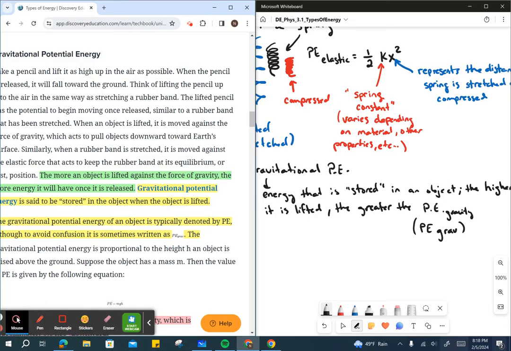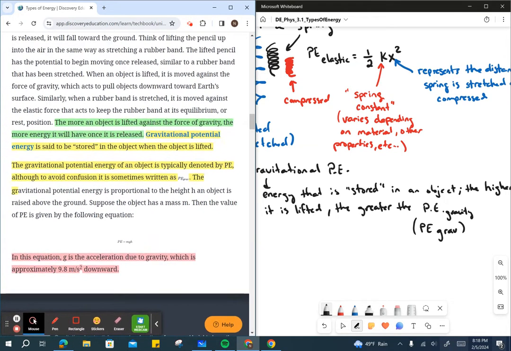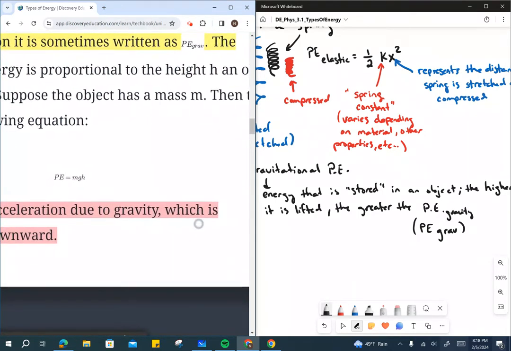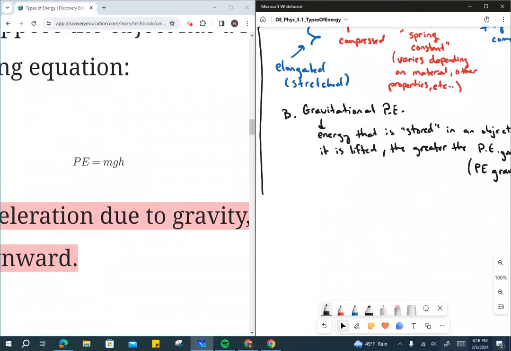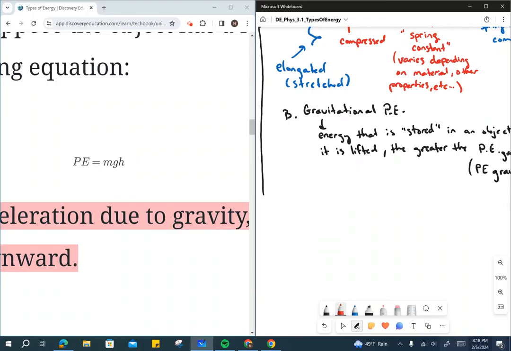Let's come back over here. Now they do give us an equation here as well, okay? So we probably want to write this equation down. Gravitational potential energy, remember this is PE, is the mass of an object times the acceleration due to gravity times the height of the object, okay?